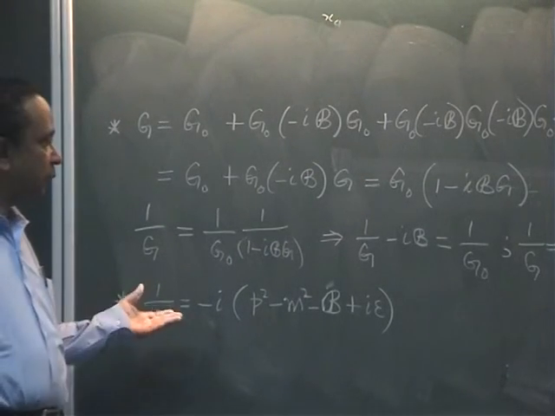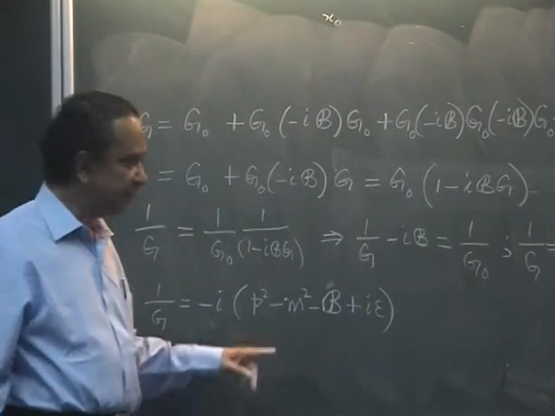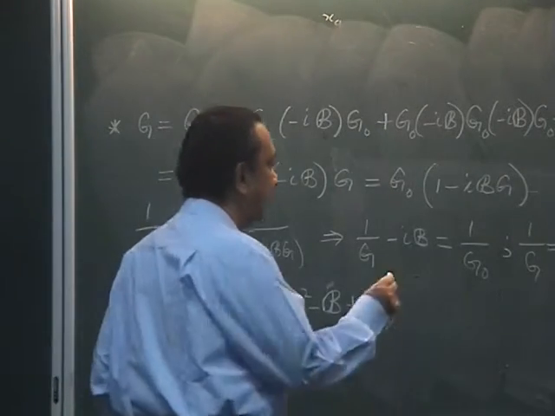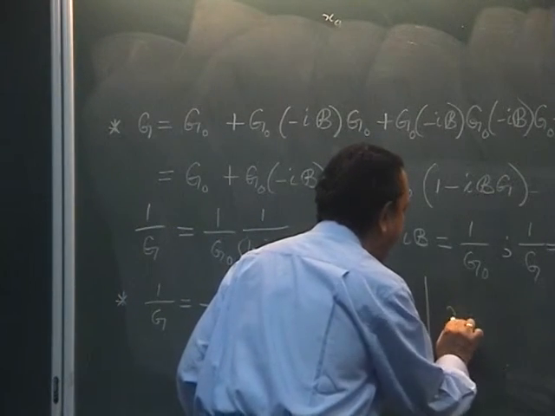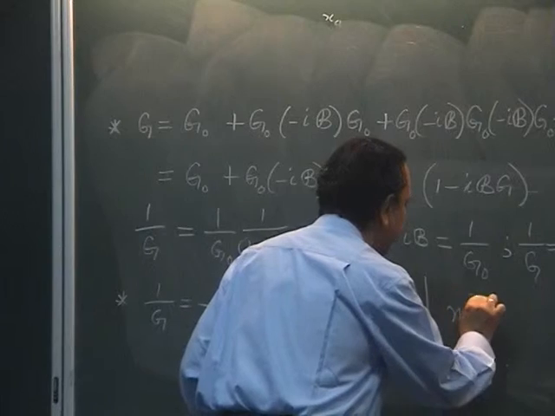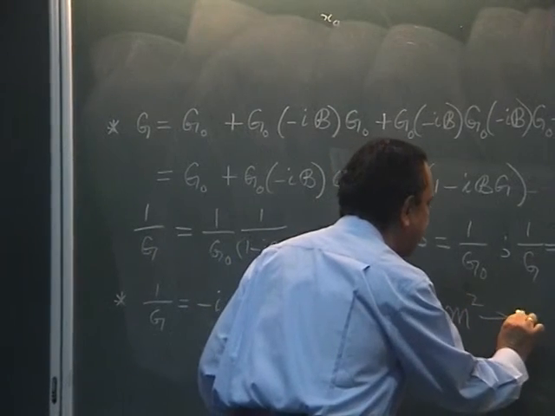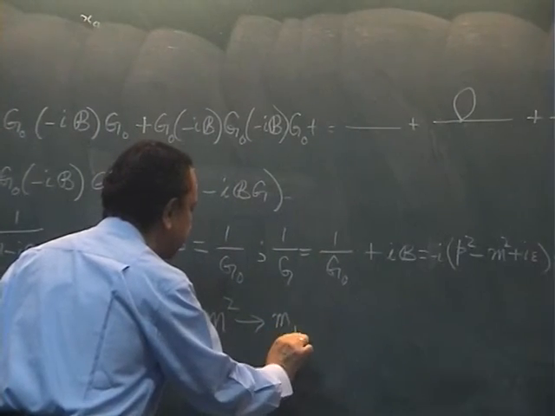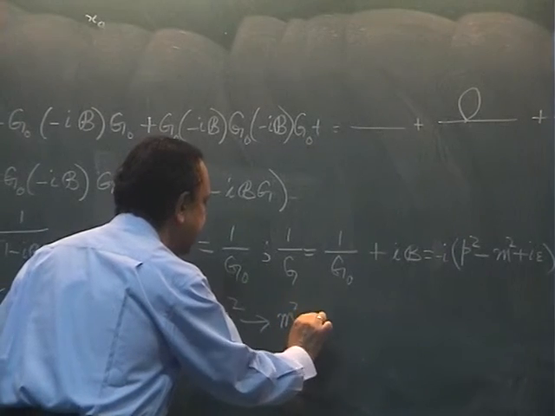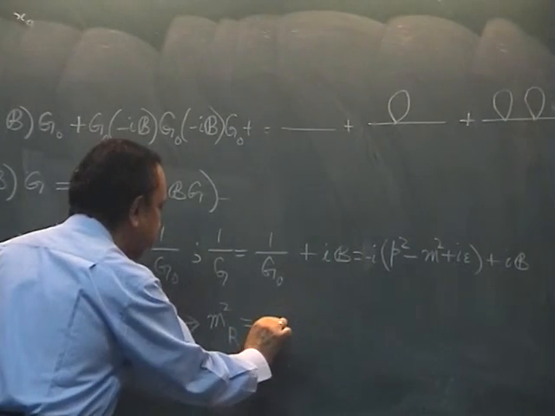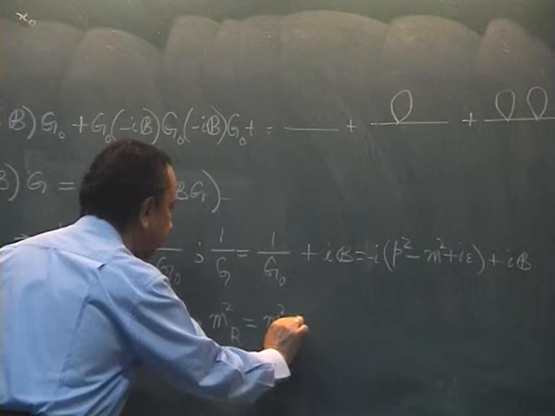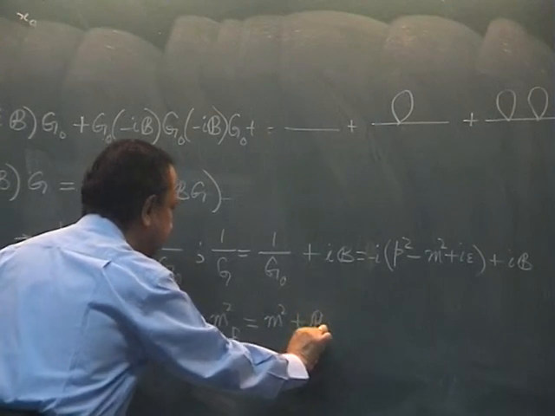Okay? So what does this mean? This just means that you are replacing m squared by a renormalized mass squared, which is just m squared plus B. That is the answer.